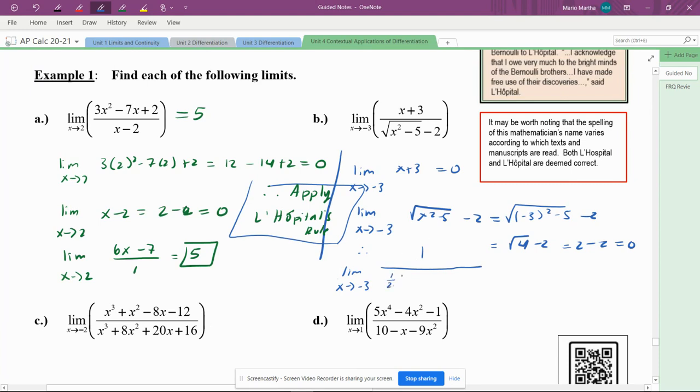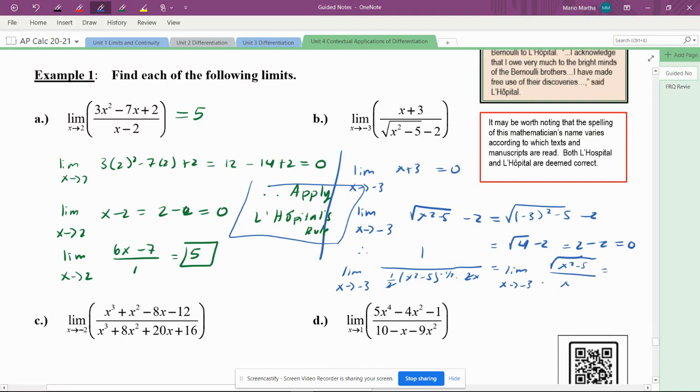You're going to have 1/2 times x squared minus 5 raised to the negative 1/2, times the derivative of the inside, which is 2x. The 2 cancels nicely, and you end up with the limit as x approaches negative 3 of the square root of x squared minus 5 over x.